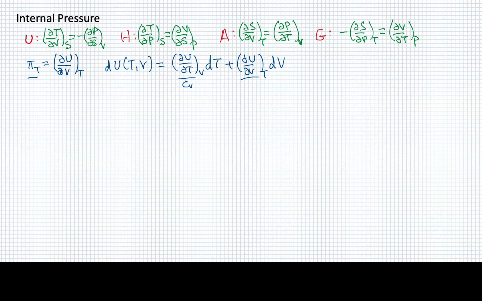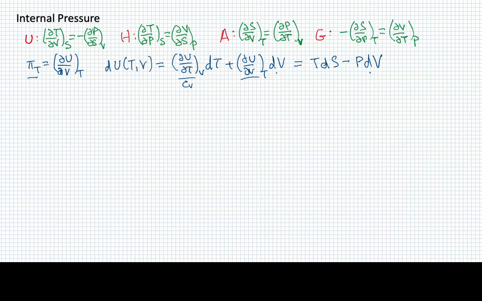Now I want to compare this with the differential expression that we have in its natural variables, which looks like this. We can't just assume, because we've got a dV here and a dV here, that this negative P is equal to this derivative. That doesn't work quite that way.